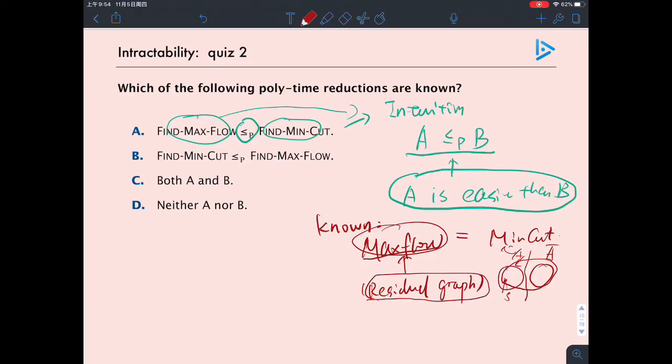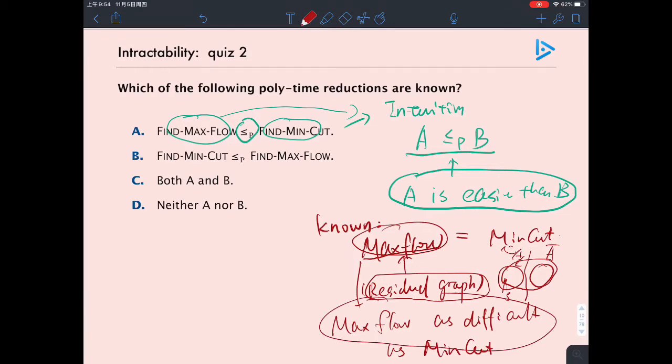With this knowledge, we can claim that in terms of difficulty, max flow is as difficult as min cut. This is intuitively how we can interpret the difficulty of these two problems in terms of computational cost.